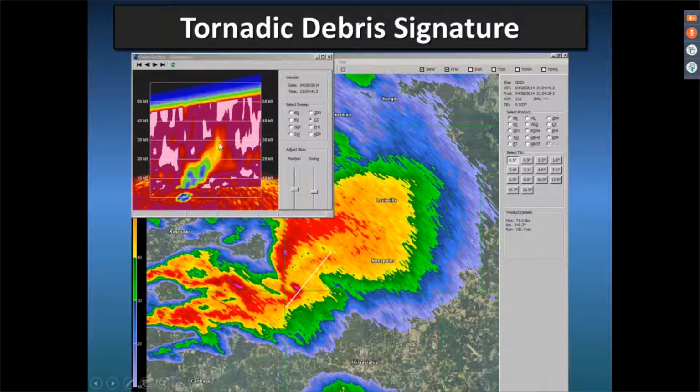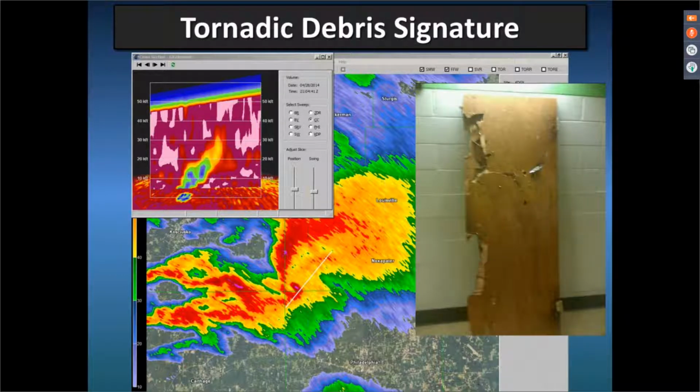And there's even signs it could be going up further than that. If you've got tornado debris lofted miles into the atmosphere, that's a sign that you've got a really strong or possibly violent tornado in progress, or has recently occurred. So that's another way we can estimate how strong a tornado may be off of radar.